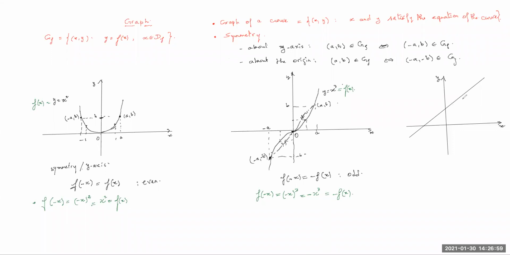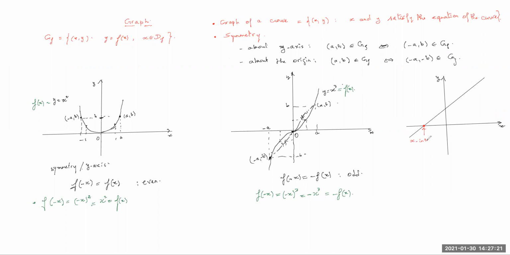there are 2 points. The intersection of my line with the x-axis is important. It gives me 2 particular points. One of them, the intersection with the x-axis, we call the x-intercept.